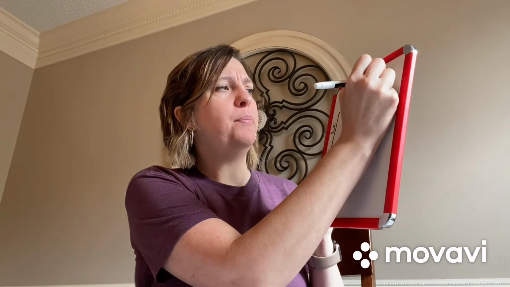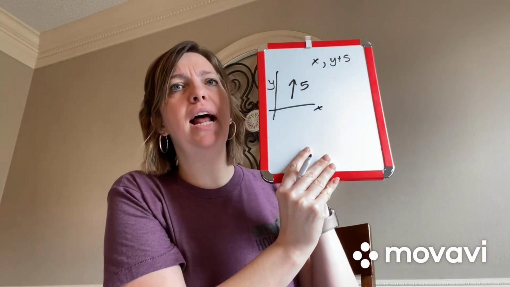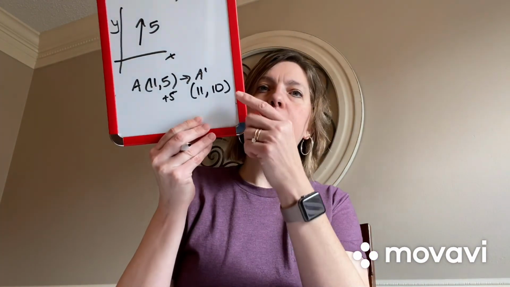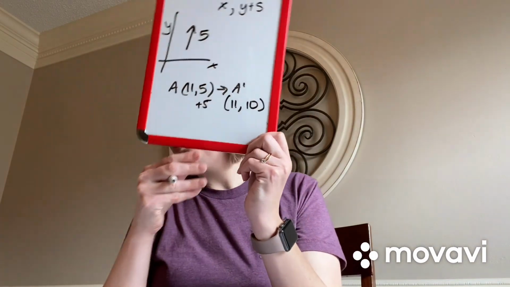It would be Y + 5 because I'm moving it up 5 on the Y axis. So all you're doing is taking those points. So A was 1,5, now becomes A1. I'm going to add 5 to it. It would be 1,10. So the new A1 just moved up 5 units.